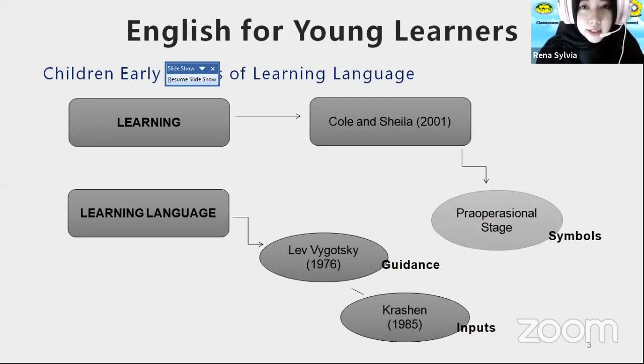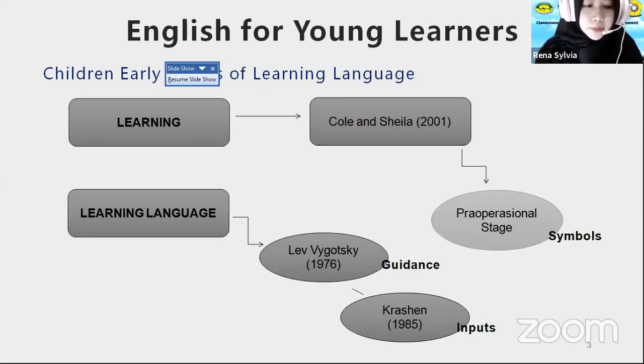Therefore, according to Cole and Scribner in 2001, children learn something or get information in the pre-operational stage. What is the pre-operational stage? The pre-operational stage is the stage where children need symbols to learn something. The process of learning needs symbols.